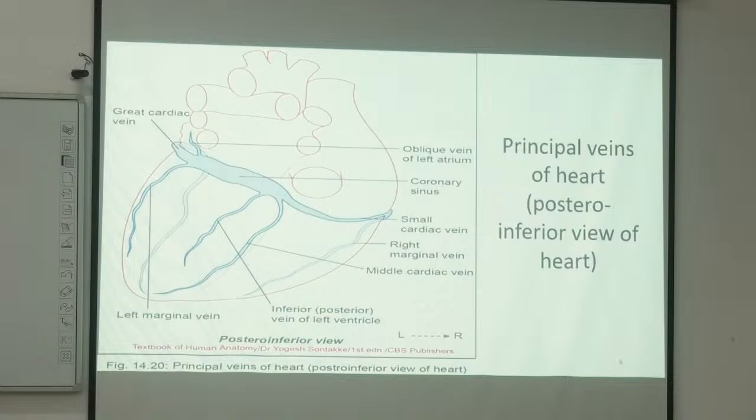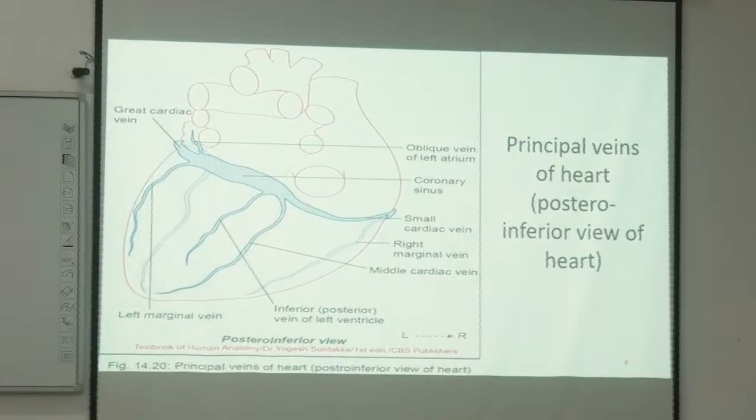Middle cardiac vein, this is the view from the posterior aspect. So this is the posterior interventricular groove. The middle cardiac vein lies in the posterior interventricular groove, and this part is the coronary sinus, about 2 to 3 centimeters in length, lying in the posterior part of the atrioventricular groove.